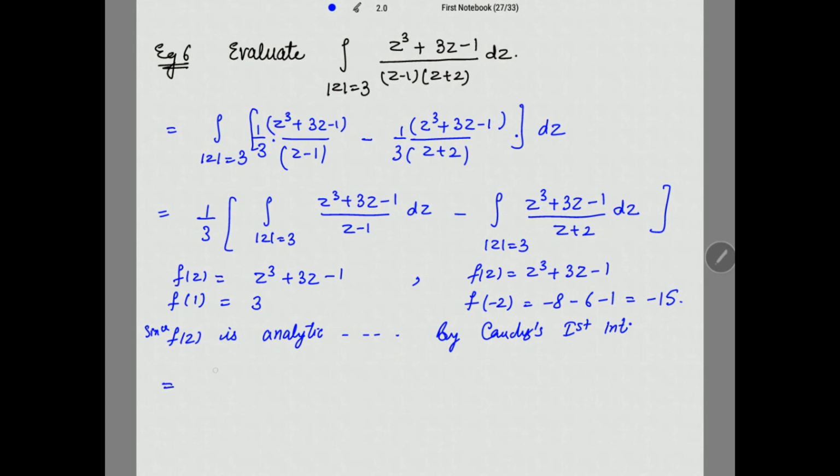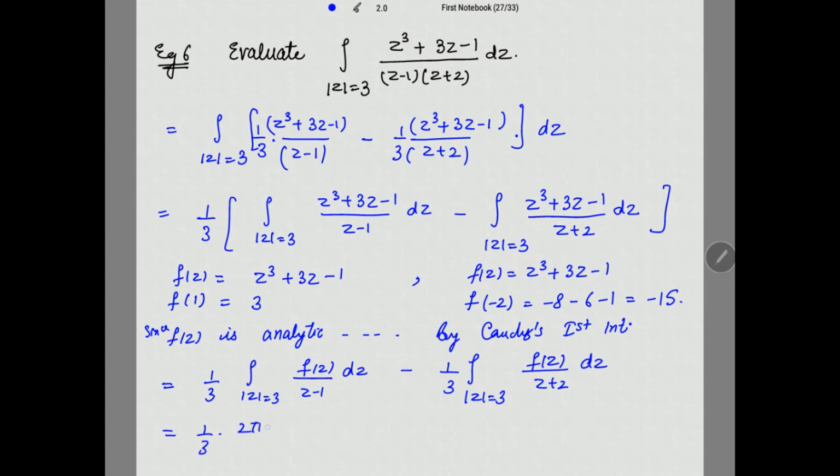just use over here, this is your f of z, f of z over z minus 1 dz minus 1 by 3 integral mod z is equal to 3, f of z over z plus 2 dz, which is equal to 1 by 3 into 2 pi iota into f of 1. And what is your f of 1?